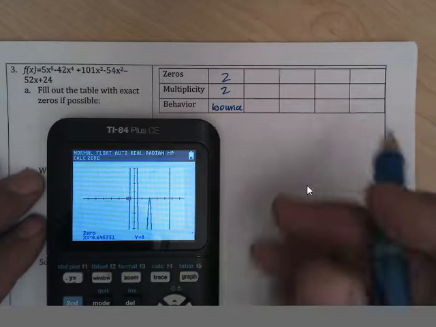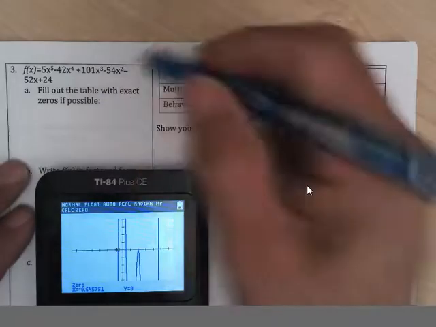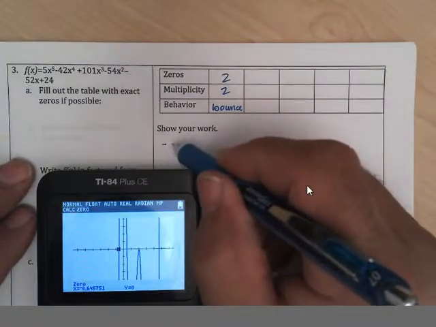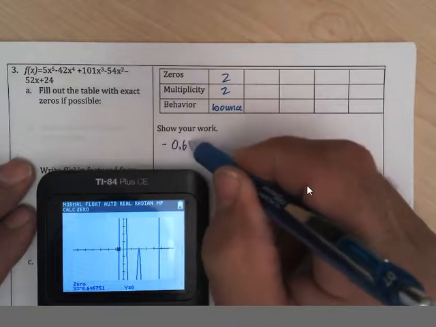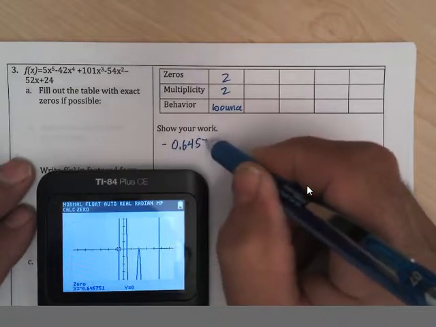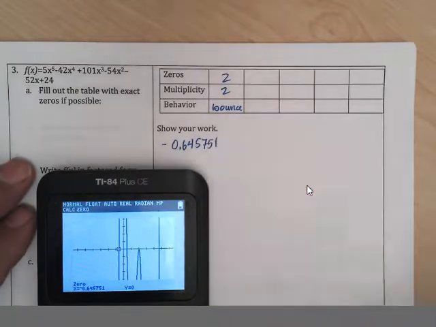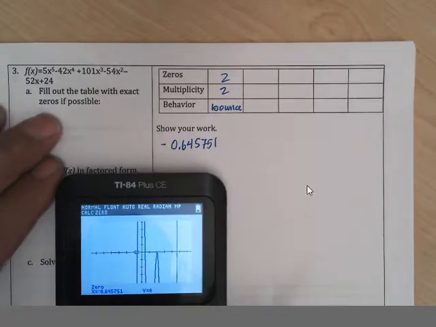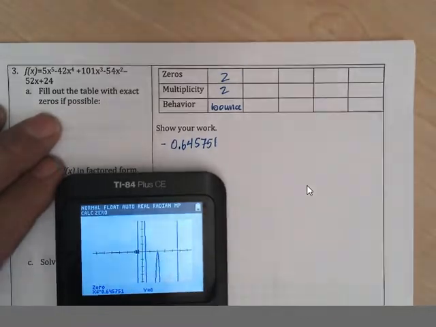And it says no, it's at negative 0.645751. Ugly number. Don't like that one, so to get that one exact, we're going to have to do something. Let's go to the other one here, between 0 and 1.